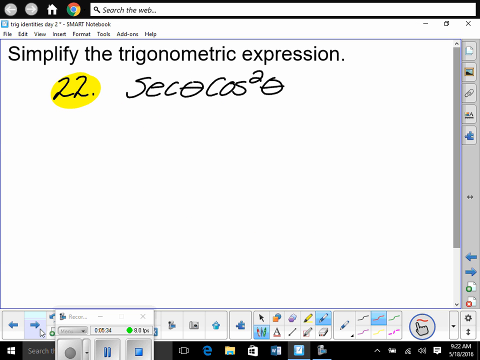Okay, number 22. Secant theta, cosine squared theta. All right, I don't see where this is going right now, but let's just start going with it. Secant theta is 1 over, oh yeah, I do. This one's easy. 1 over cosine of theta, right? A lot of times I won't see where it's going until I start rewriting things. And then we have times cosine squared theta. So don't we multiply straight across?